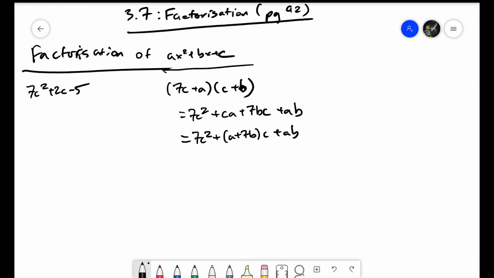That means that a plus 7b is equal to 2 and ab equals negative 5. So that means that b is equal to 1 and a is equal to negative 5. So that means that this can be factored as (7c minus 5) times (c plus 1).